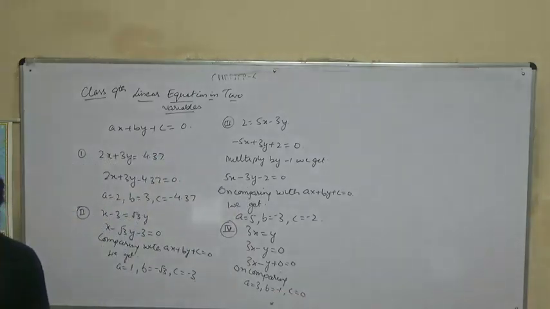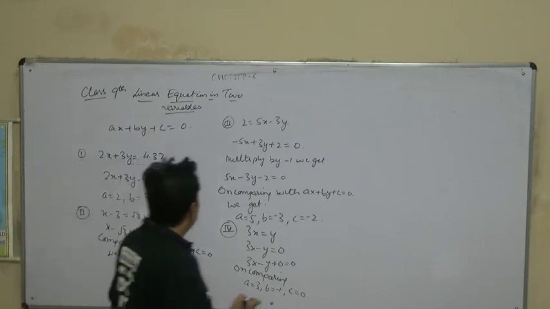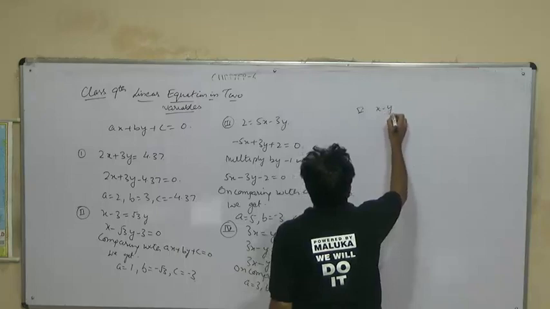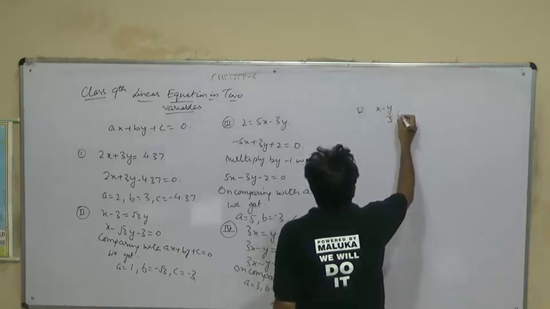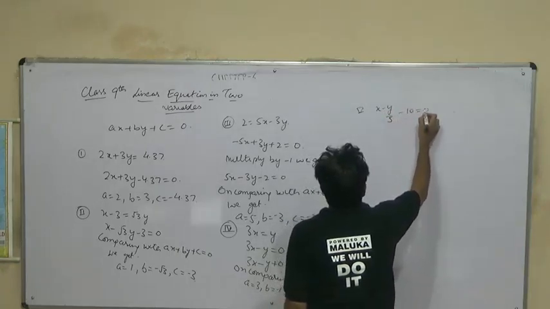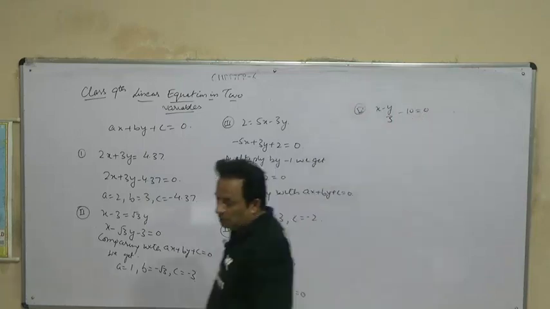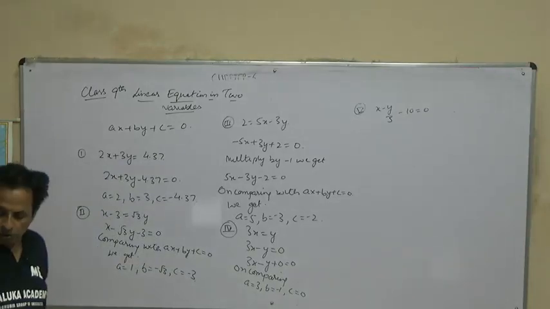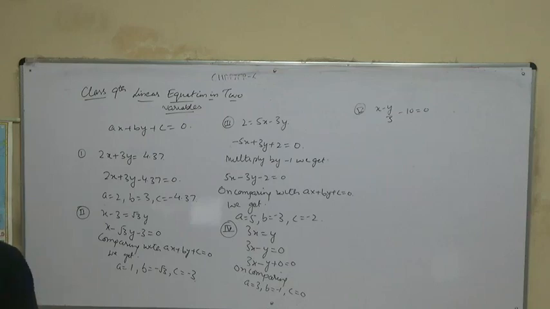Then the fifth part is x minus y upon 5 minus 10 is equal to 0.